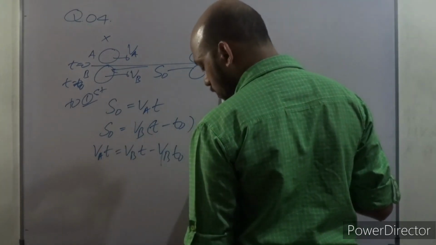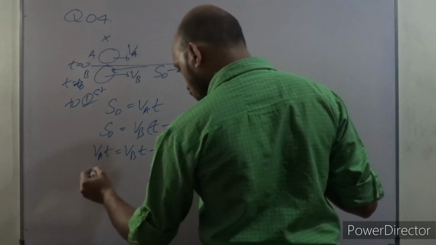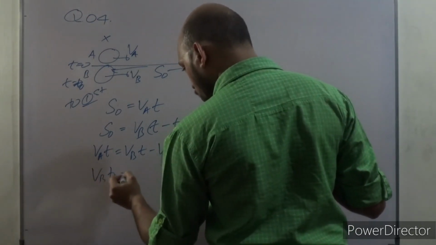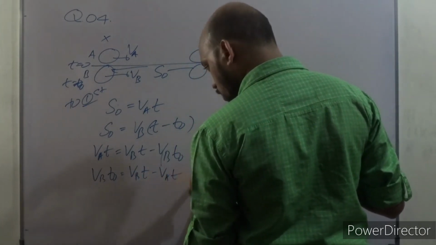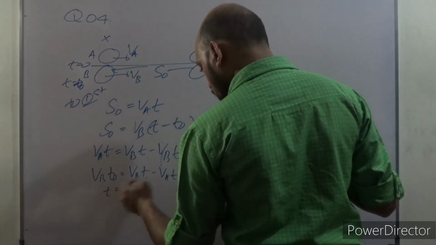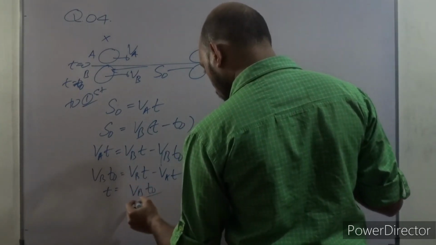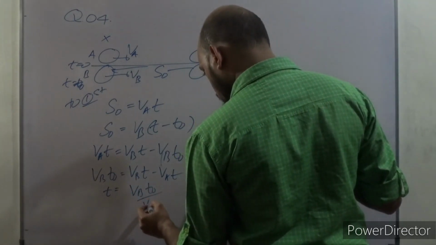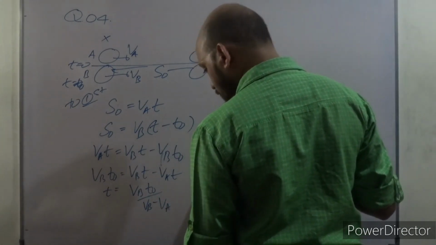So we can get the expression for the time taken: t is common, so t equals VB t0 divided by VB minus VA.